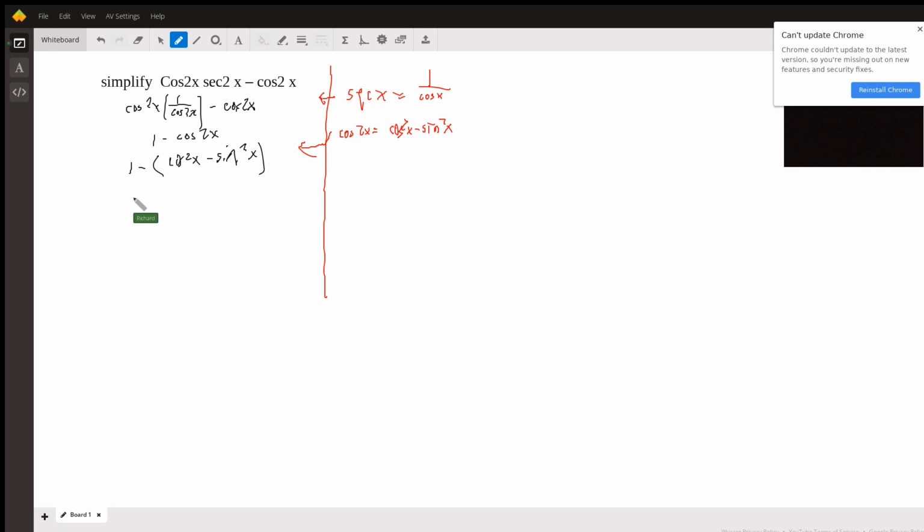So we're going to have 1 minus cosine squared x plus sine squared x. And then we're going to use one more identity, put it in red over here, which is the most famous identity, really.